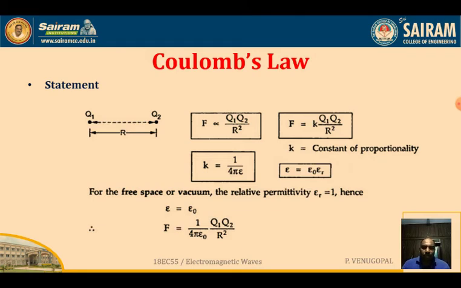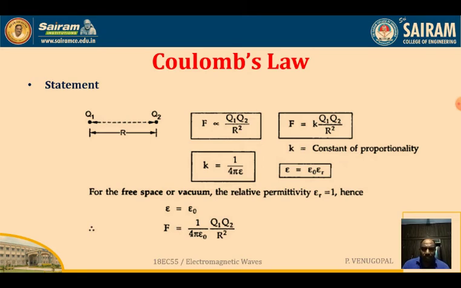And the force is inversely proportional to the square of the distance between the two point charges. That is, r is the distance of separation between the point charges Q1 and Q2. Square of the distance means r square, and F is inversely proportional to r square, means F is proportional to 1 by r square.